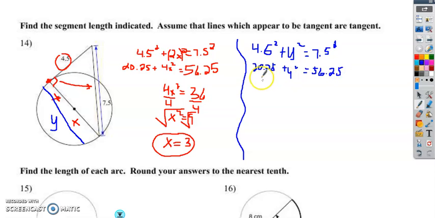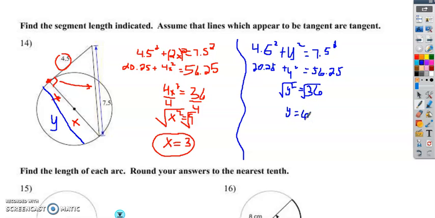All right, so now when I do that subtraction, I think y squared is equal to, what did we say this was, 36. And then when I take the square root of both sides, I'm going to have y is equal to 6.